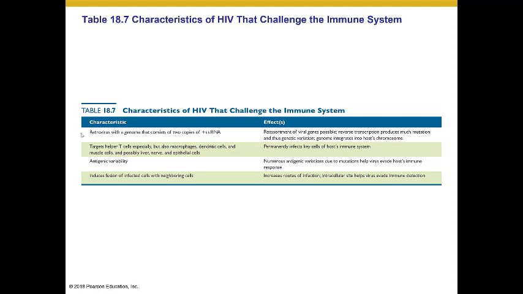But the problem is, if you cannot completely stop the spread of that virus, it's going to keep going to more and more helper T cells. And those are the very cells that you need to elicit the immune response. So the longer this virus can infect cells, the fewer functional helper T cells you're going to have, and the lower your immune response is going to be.